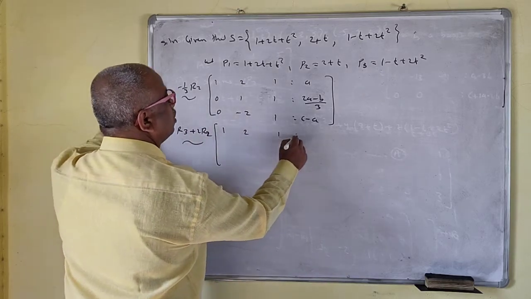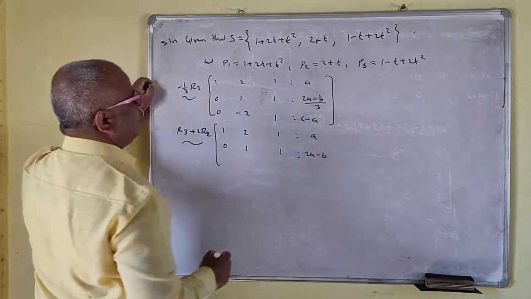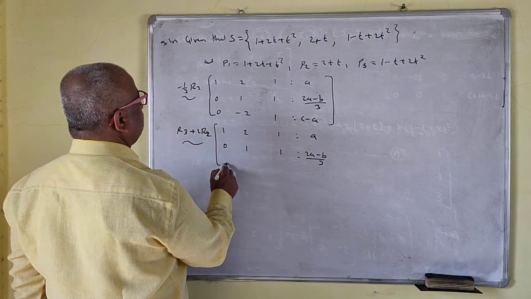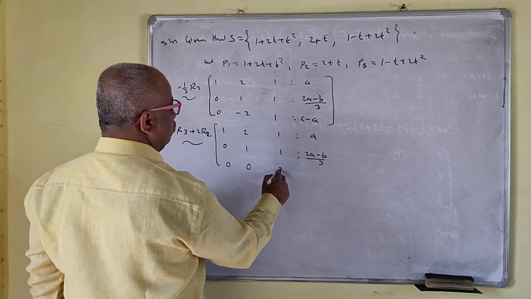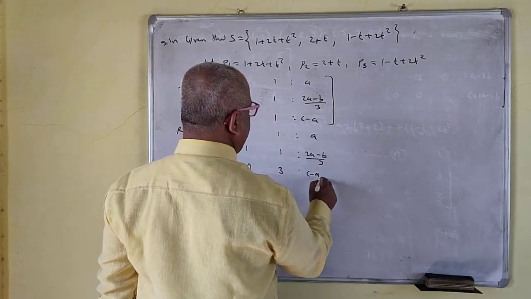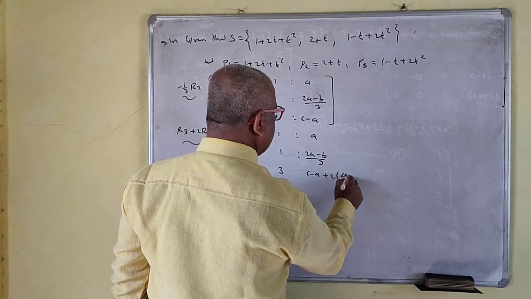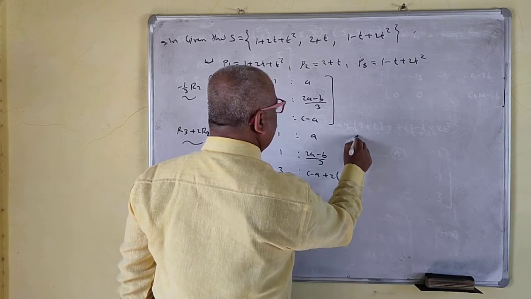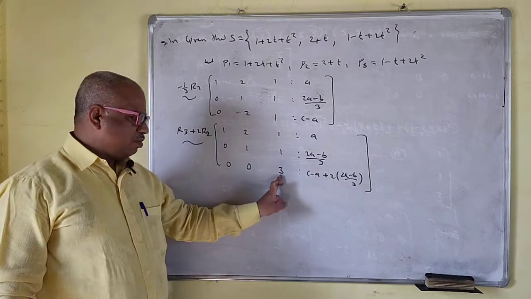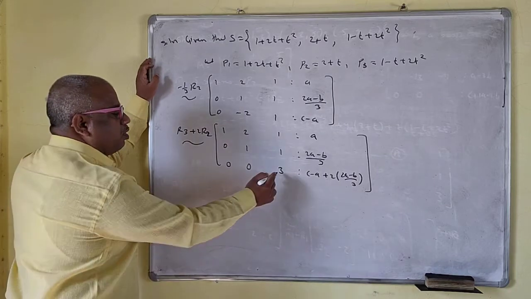So 1 2 1 a, 0 1 1 twice a minus b upon 3, and this is 3, then c minus a plus 2 times twice a minus b upon 3. No need to calculate or simplify this, keep it as it is. Because of this 3, whatever this may be, even 0, doesn't matter.